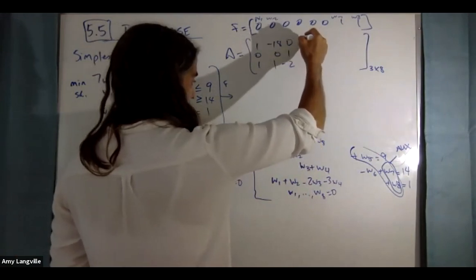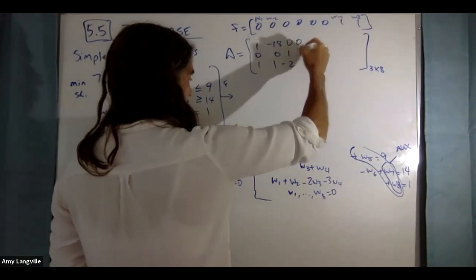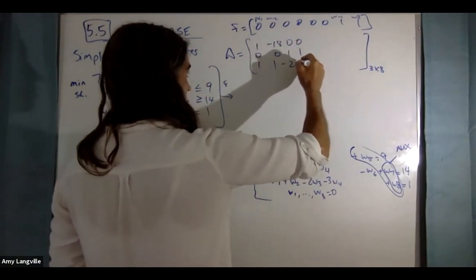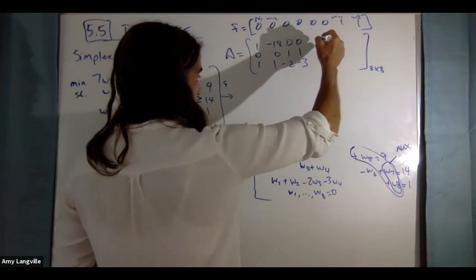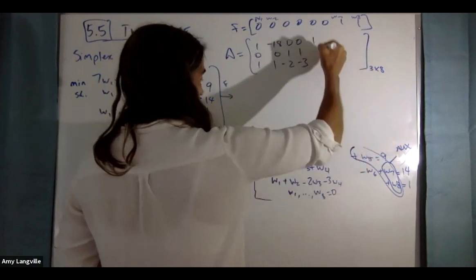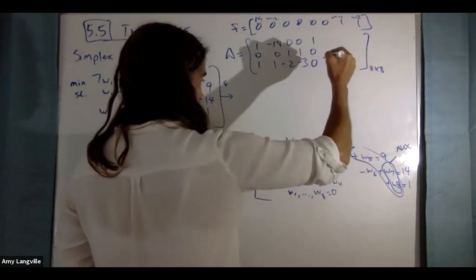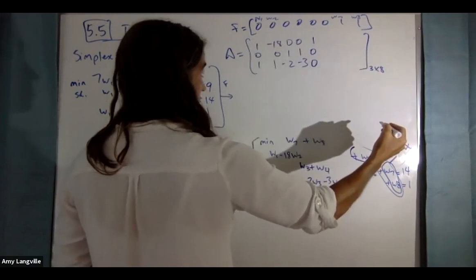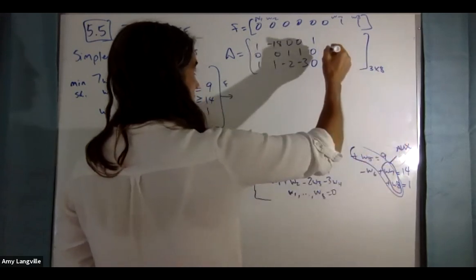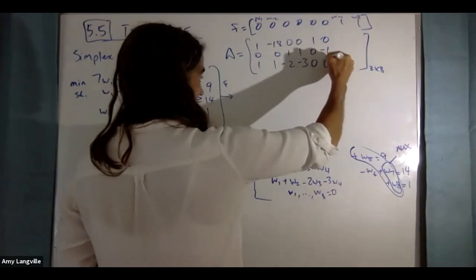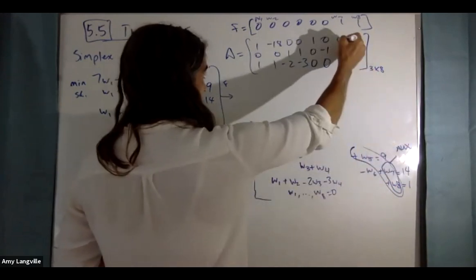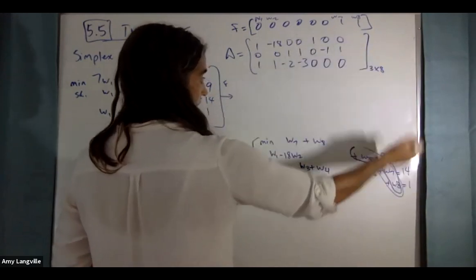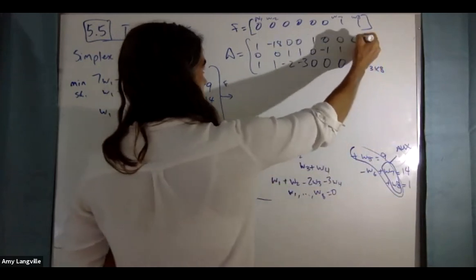The fourth column is 0, 1, minus 3. Fifth column for W5 is 1, 0, 0. Sixth column with W6 we'll have a 0, -1, 0, 7th column for W7, 0, 1, 0, and 8th one, 0, 0, 1.